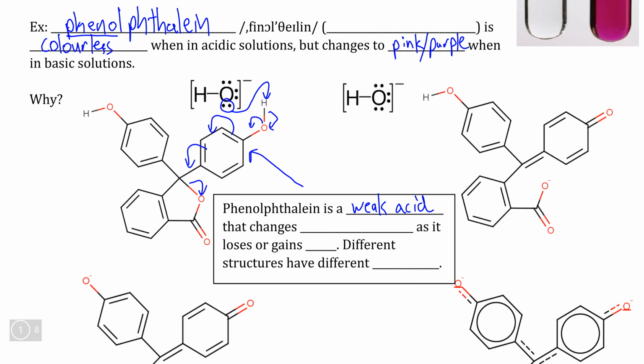So the point being that phenolphthalein, like basically every known pH indicator, functions as a weak acid, although some indicators will function as weak bases instead. And when the acid ionization takes place, the structure of the molecule changes very significantly whenever it loses or gains an H+.